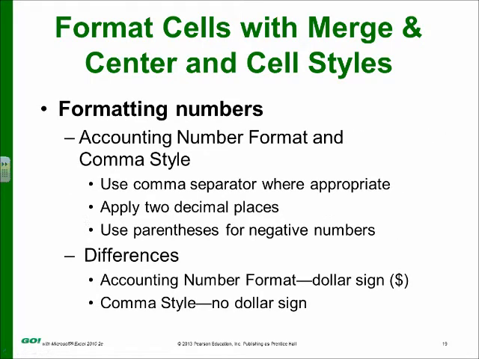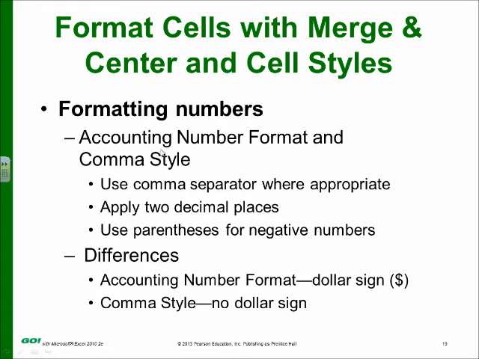Okay, we have formatting that we will use in this chapter. We'll start with an accounting number format and a comma style. Remember, an accounting number format is going to have 2 decimal places and a comma where appropriate. So at the 1,000th place, it will insert a comma. And it will use parentheses for negative numbers. Okay.